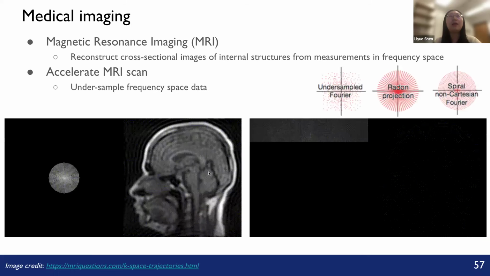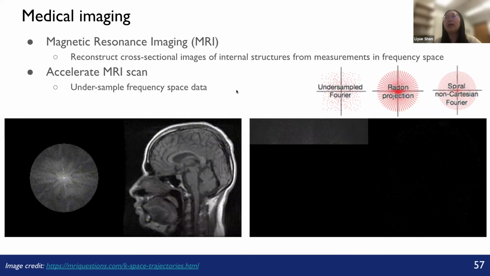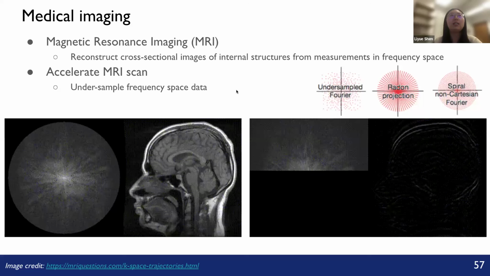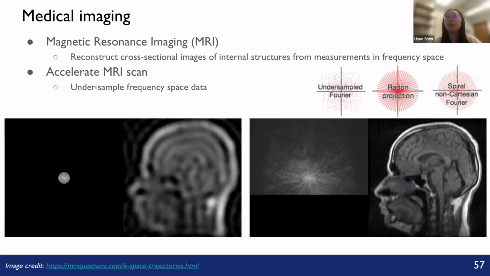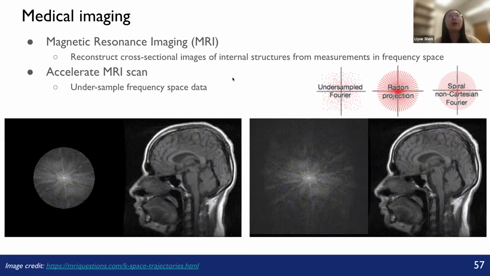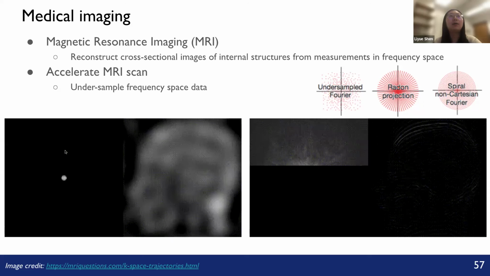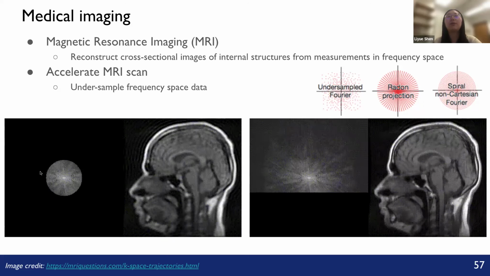As shown in this example, on the left we see the sampling in the k-space data, and on the right we see the reconstructed images using the inverse Fourier transform. Usually MRI scanning takes a relatively long acquisition process, and one approach people use a lot is to undersample the frequency space data in order to reduce the sampling time or accelerate the scanning.